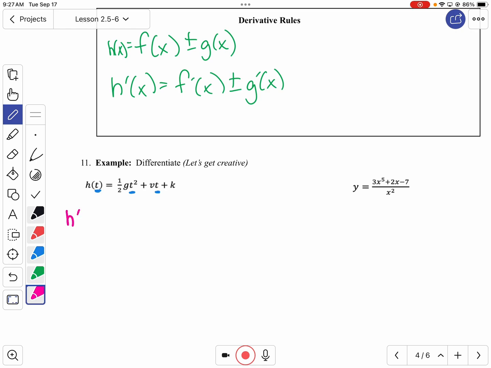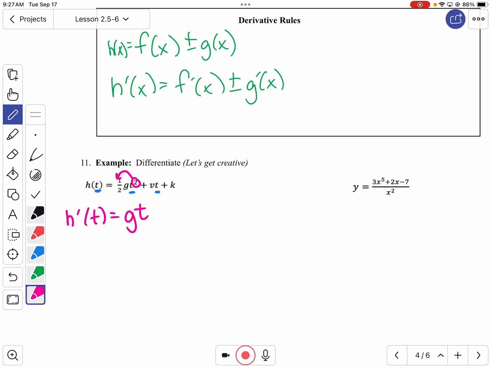So if I'm going to do h prime at t, I'm going to take the exponent of t times the coefficient. Well, the coefficient is 1/2 g. So what is 1/2 g times 2? It's just g. We're going to take t down a power, so it's going to be t to the first. On the second term, t is my variable.